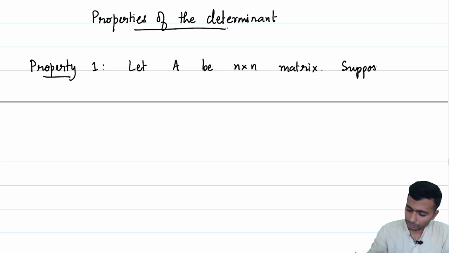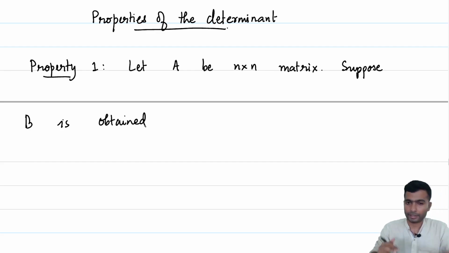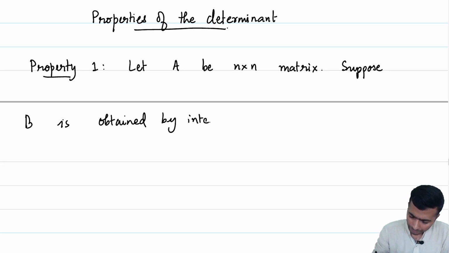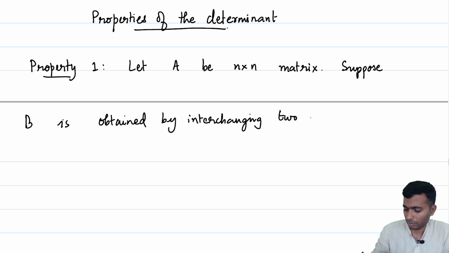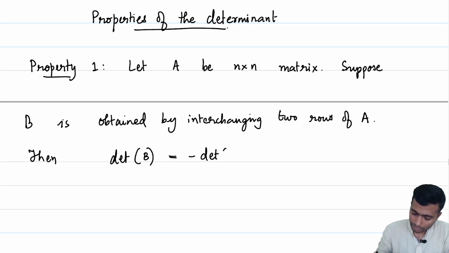Suppose B is obtained by interchanging two rows of A. Then the determinant of B is equal to minus the determinant of A.